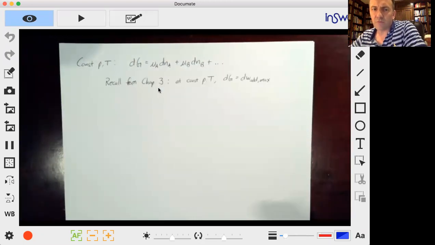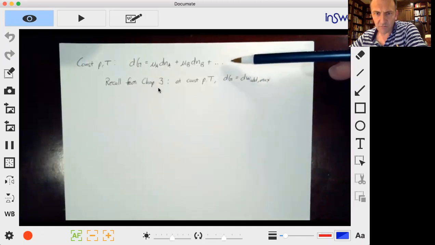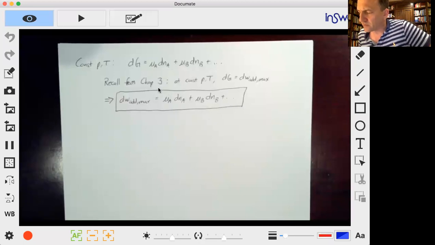Okay, so if you recall from chapter 3, if we hold P and T constant, then the maximum amount of non-expansion work, which we called additional work, is equal to dG, which means it's equal to this formula that I wrote up above. So we have this formula for the additional non-expansion work.